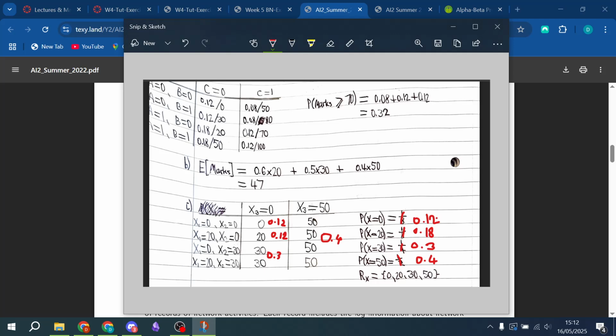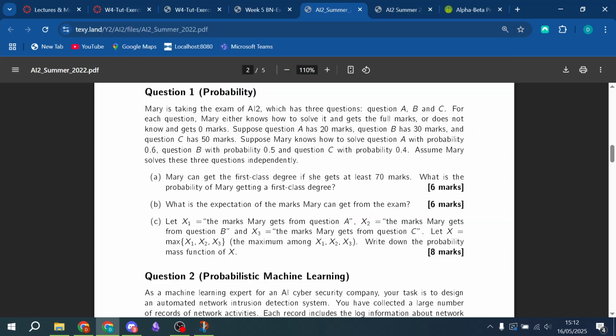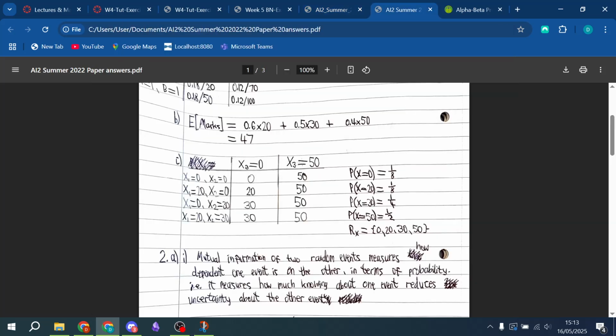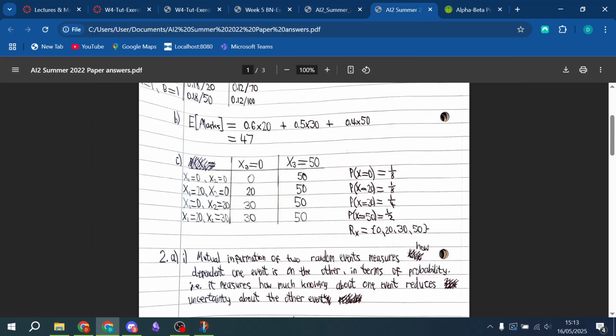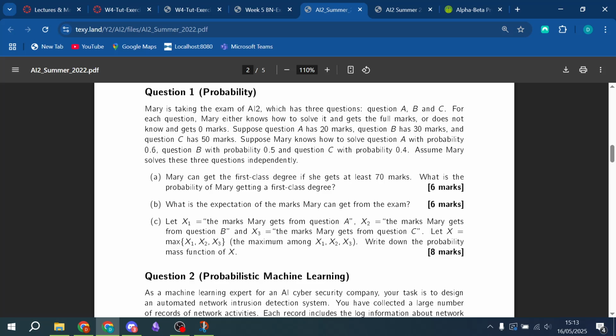And then the probability of getting 20 as the maximum. The only case where 20 is going to be the maximum is where we get question A right, but no other questions right. Because if we got one of these right, then they would be the maximum.